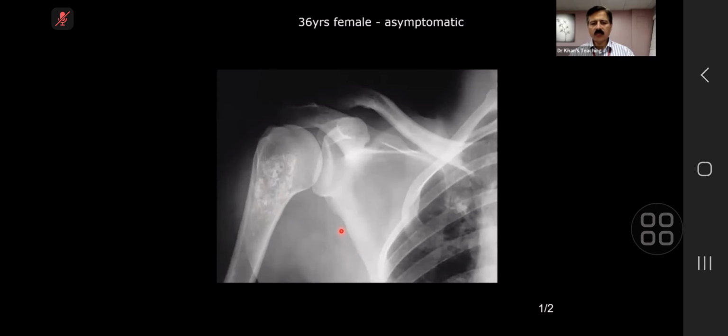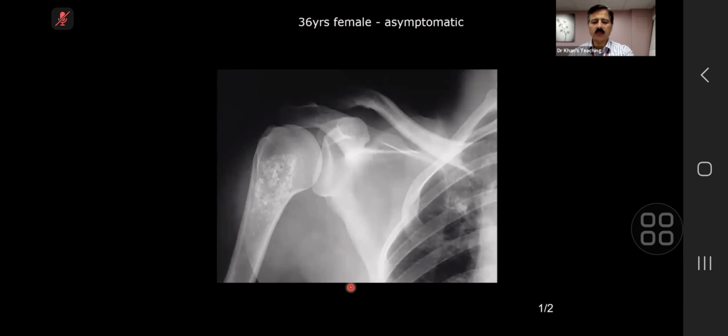Now, the classical viva concept is that if a patient develops pain, pain is taken as a sign of malignancy, right? Number one. Number two, comparison with old film. This is a viva scenario where you are going to ask the examiner, I want to see the old film. I will compare it in my day-to-day practice.